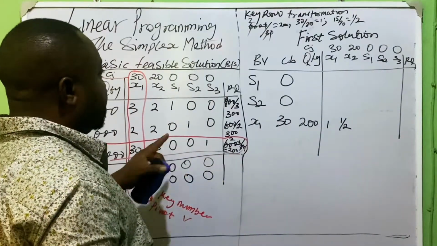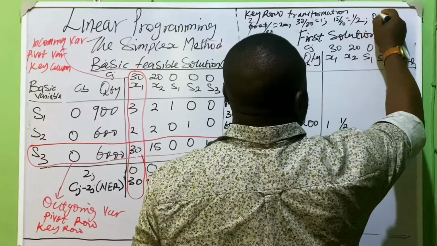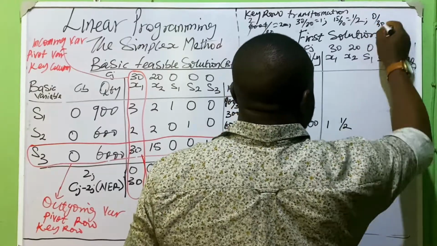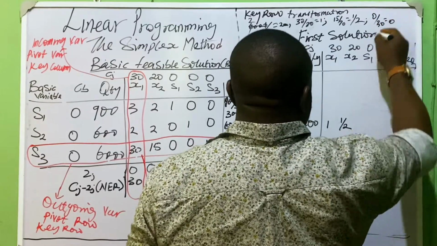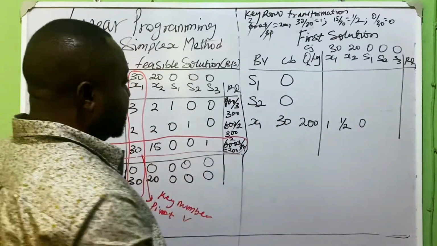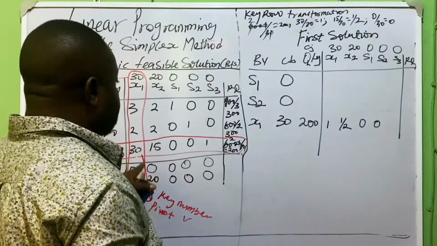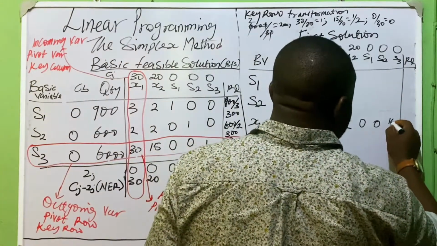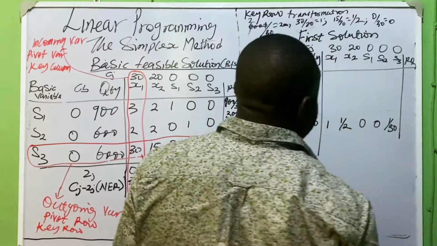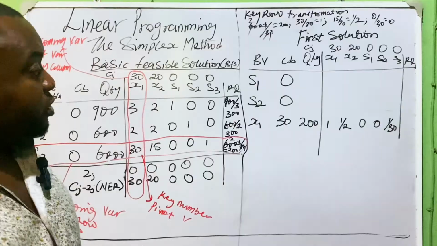Then 0 by 30 will give us 0. So this place will be 0. 0 by 30 again, we'll have 0. Then 1 by 30, we'll have 1 over 30. So that is how to transform our key row.